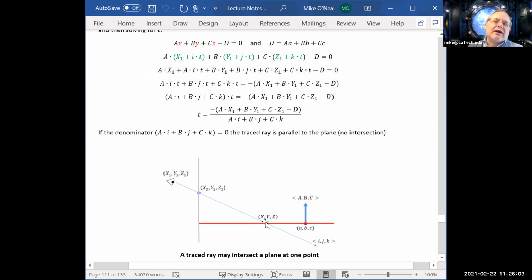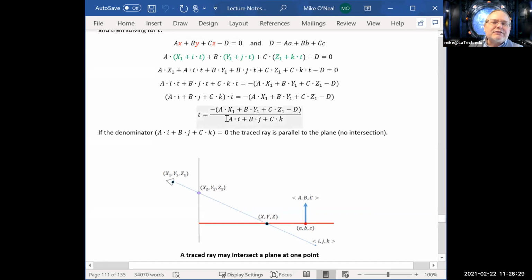That's what it's asking. And crunching through some math gives us a t here. Notice there's no square root here, so you'll get just a single value, because a ray is not going to hit a plane in two different points. It's either going to miss it or it's going to hit it at one spot.